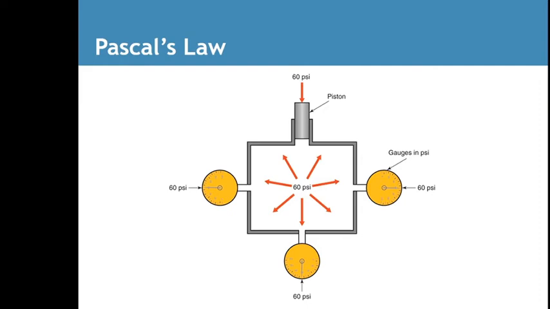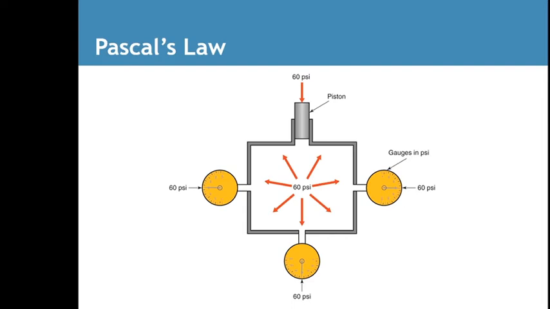This is part of Pascal's law, which I don't expect you to memorize or do the math on. But just to show you, this picture is of a cavity full of refrigerant, with 3 gauges around the outside and the piston at the top.